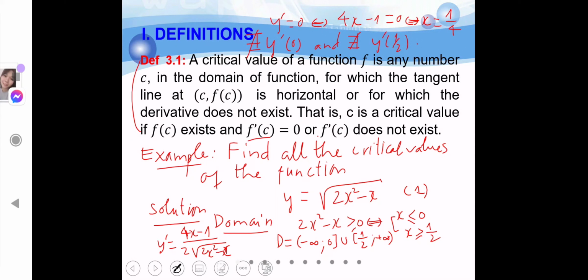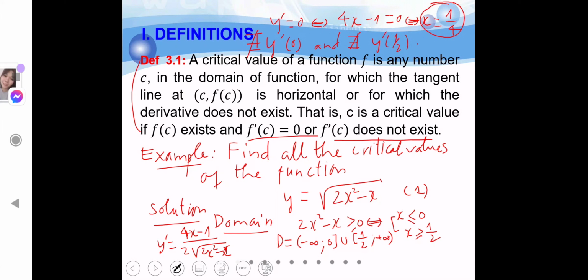Is x equals 1/4 a critical value or not?